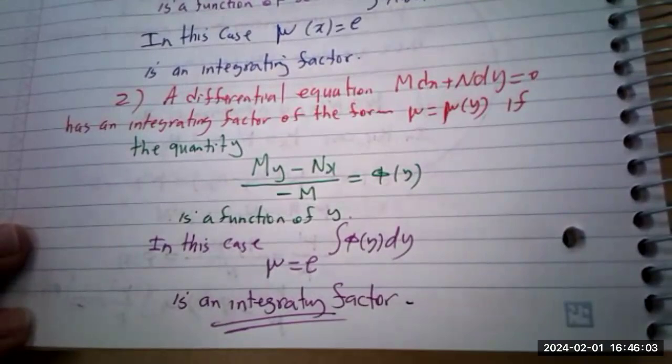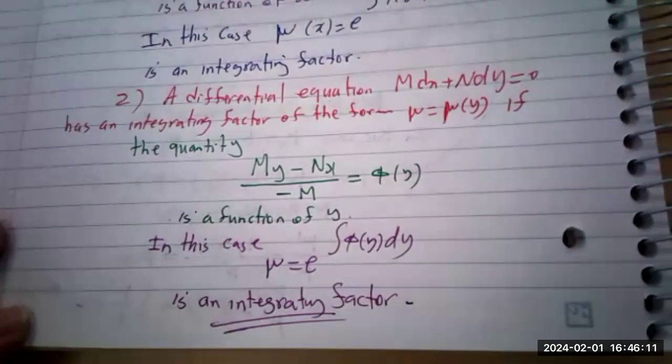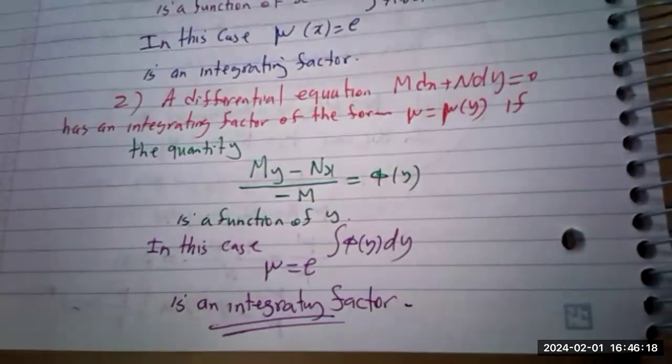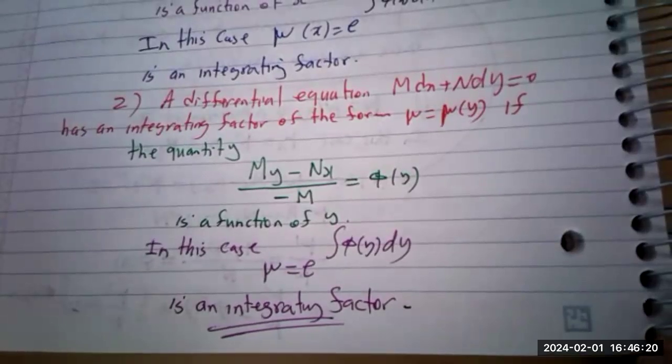So you can get a chart and check various functions. The most famous ones are these two. The other one, x times y, is also famous, but it's very rare. At the end of the day, they give you a table and you check it for all the formulas.